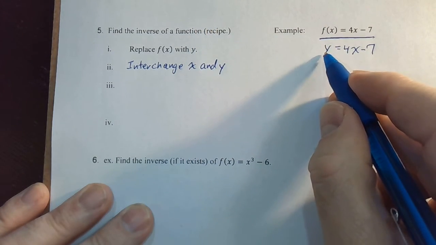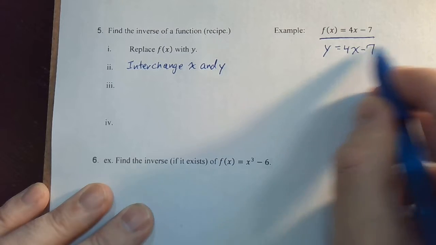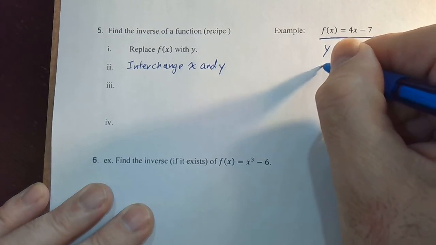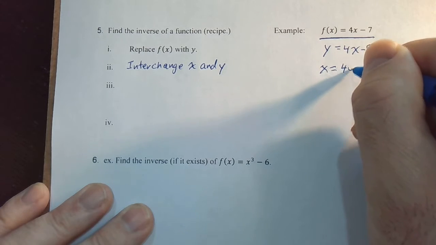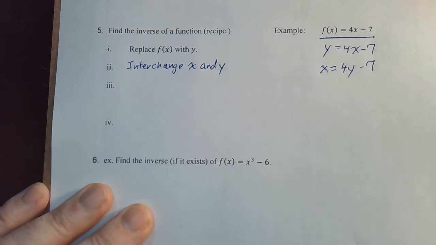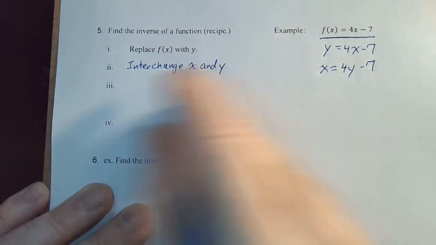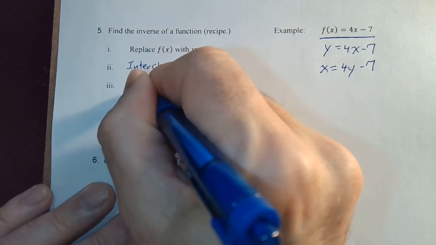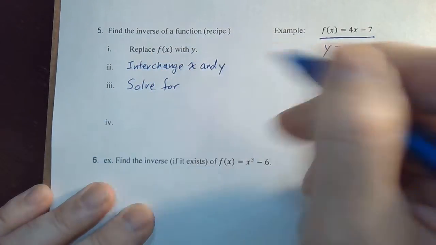You change the y into an x, and whatever x's there are over here, you turn them into y's. So it becomes x equals 4y minus 7. Number 3, and this is the only step that requires any math or arithmetic: solve for y.